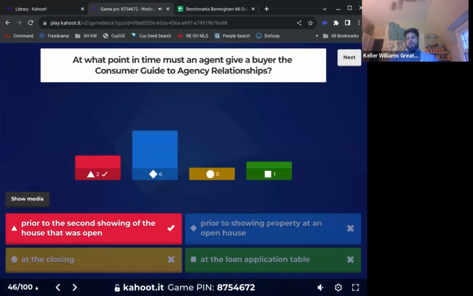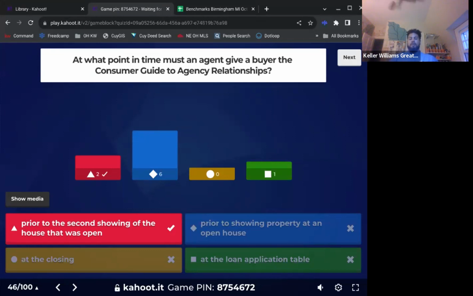So you can show a property at an open house because that's considered legal. You can show buyers properties. If you start talking about their finances or anything, yes, you would have to give that to them. But as far as someone walking into an open house, you can walk them around and show them the property. It's just if you were to show them that property again, then you would have to actually give them a consumer guide to agency relationship.